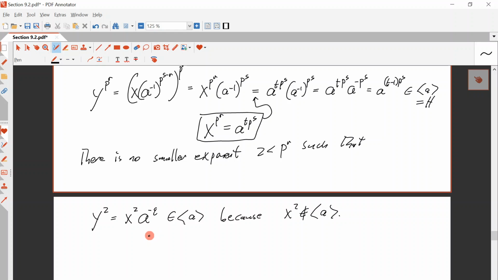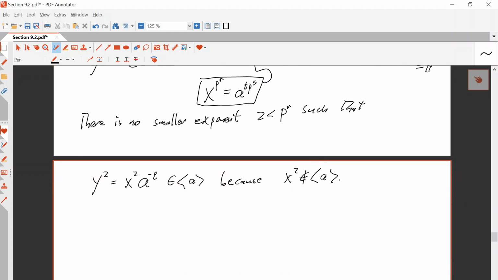That was the smallest power of x that lands in the cyclic subgroup generated by a, x to the p to the r. So this won't be in a, and that is in the cyclic subgroup generated by a. So the product can't be in the cyclic subgroup generated by a.